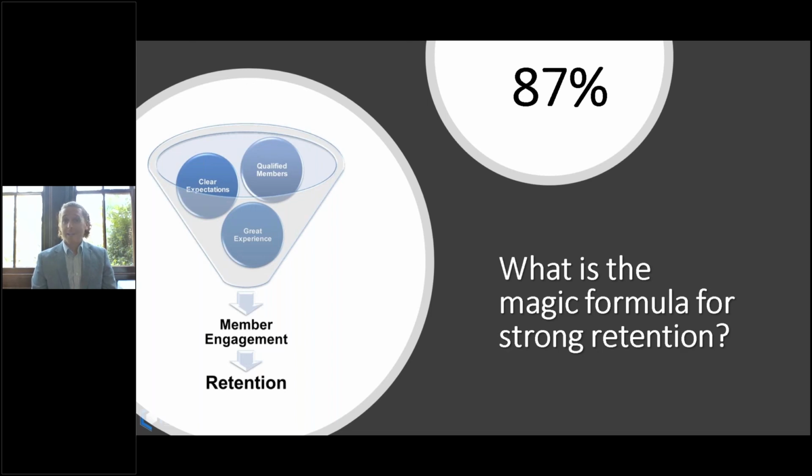We want to make sure we have clear expectations, so when a new member joins, they know exactly what IIBEC will offer, and we want to continue to grow and enhance our member benefits and services. This year and in the past 6 to 8 months in particular, we've been putting a lot of our member benefits and services virtual, which is kind of responding to the times, but also very important from a retention standpoint because we want our members to stick with us regardless of what business climate's out there.